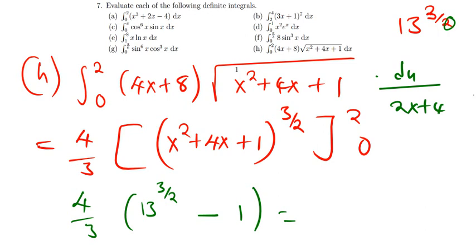So that would become the square root of 13, then to the power 3, multiplied by 4 over 3, and then minus a 1 right there. So at that point, at least you know what to do. Come up with a common denominator and do what is necessary.